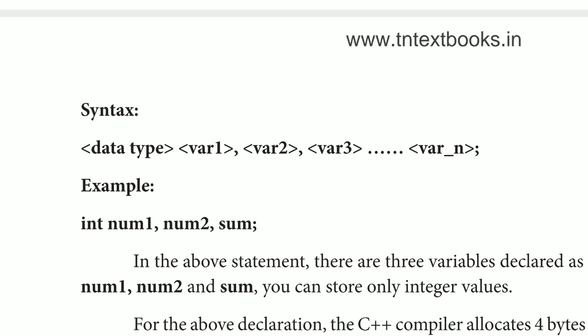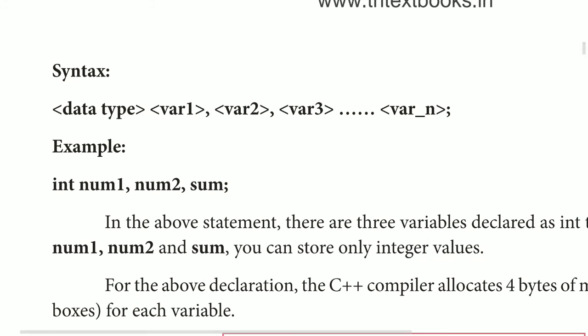Here they have given some examples. The integer data type provides 2 bytes of memory to each of its variables. So number one will have 2 bytes, number two will have 2 bytes, and sum will have 2 bytes.